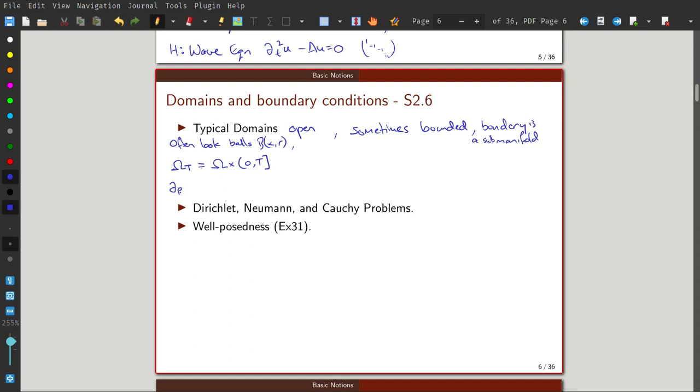And sometimes we put a subscript P to remind us that it's a particular definition for these types of sets. I would draw it like this.